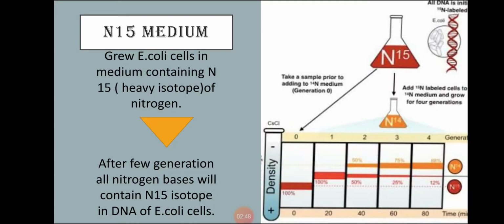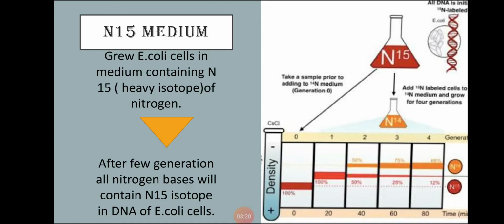First, the N15 medium was used. In this N15 medium, E. coli cells were grown, that is, the heavy isotope of nitrogen was used. What was the result? After a few generations, all nitrogen bases contained the same N15 isotope in the DNA of E. coli cells.